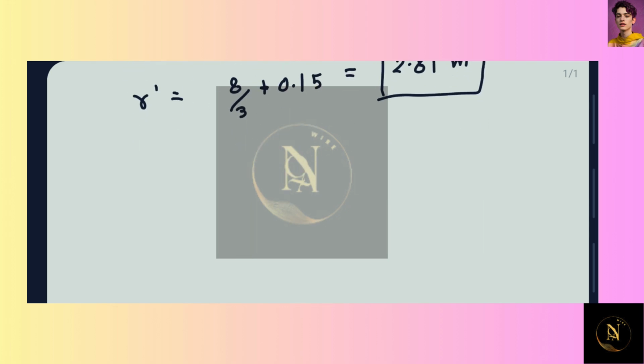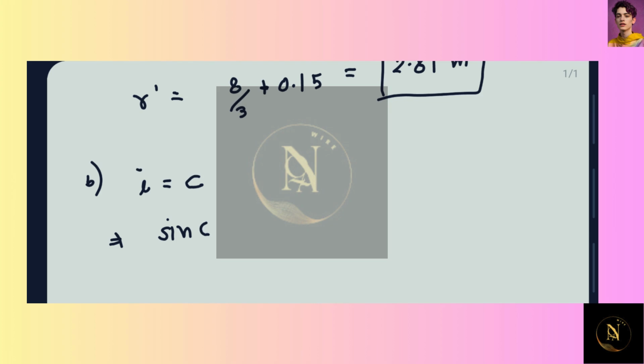In the second part, we have to find the maximum radius of the ring so that the shadow is on the ceiling. Let's say R is the maximum radius. For the maximum size of the ring, the incident angle should be equal to the critical angle.